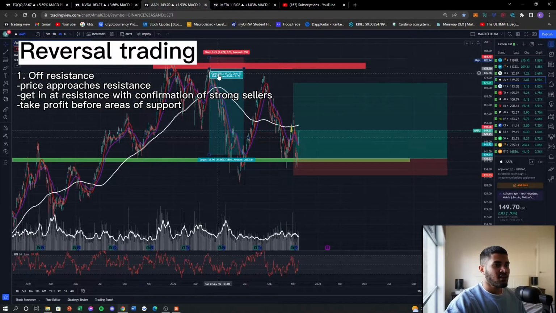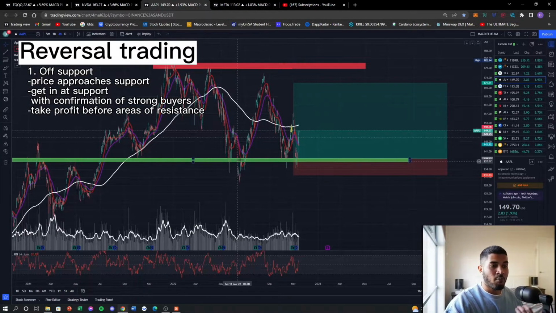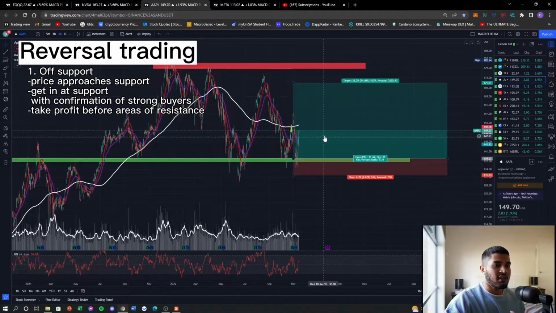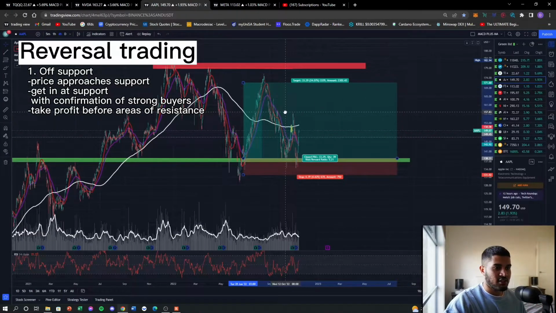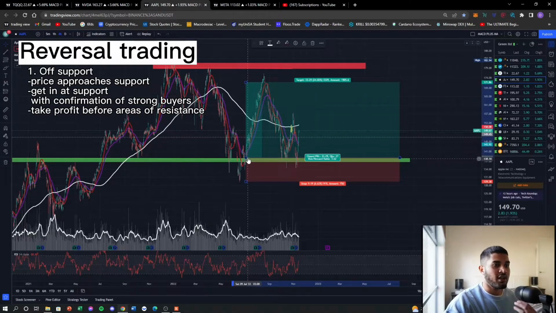We'll give you another example. Over here we can see that price has been selling off, so the trend is a downtrend, but we know that over here it is an area of support. As you can see, we've already drawn that, so let me just get that fixed. Price has been selling off, and we know that this area is a major area of support, so we are reversing.